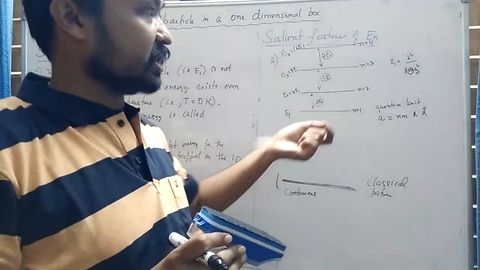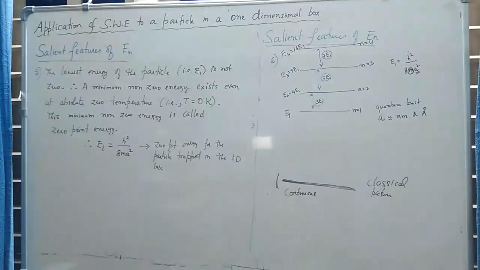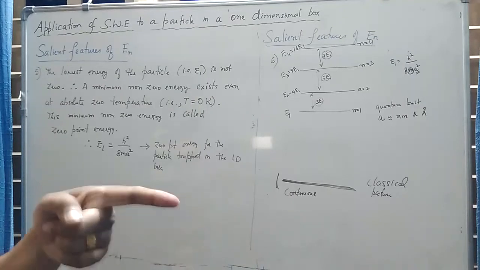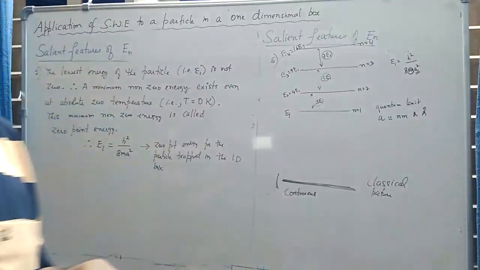Similarly, instead of changing the length of the box, if I change the particle itself, if I replace a particle of very low mass by a particle having very large mass, the dimension is fixed. What I am only doing is replacing the particle with a heavier mass.